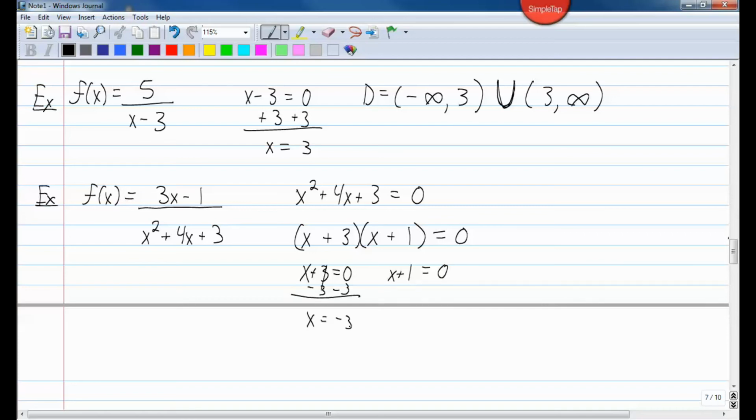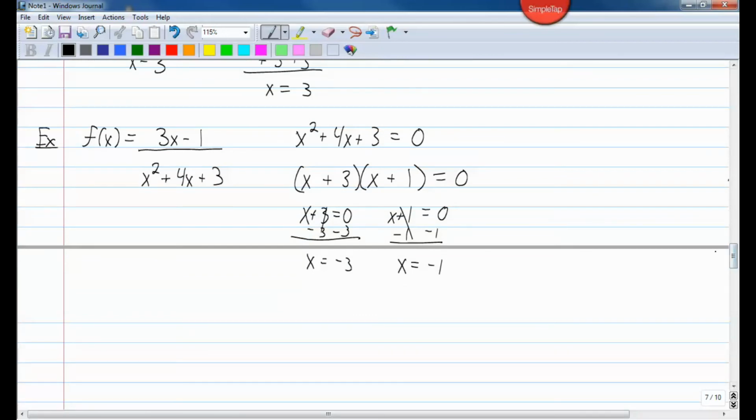So x equals negative 3, x equals negative 1. So if x is a negative 3, or if x is a negative 1, then we will have a 0 in the denominator. And we can't divide by 0. So we need to write the domain and leave both of these numbers out.